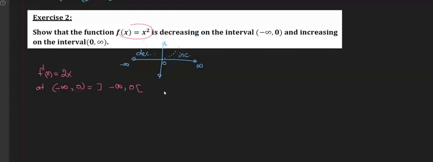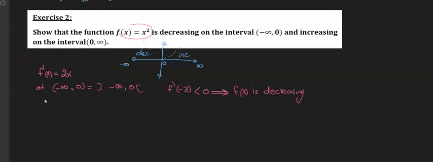So in this interval, we might choose any point, like negative 3, for example, and f dash is going to be negative. What's important is the sign. So f dash at negative 3, that's the slope of the tangent line, is negative. You remember when the slope of the tangent line was negative, this indicated that f of x is decreasing. Therefore, we conclude that f of x is decreasing.